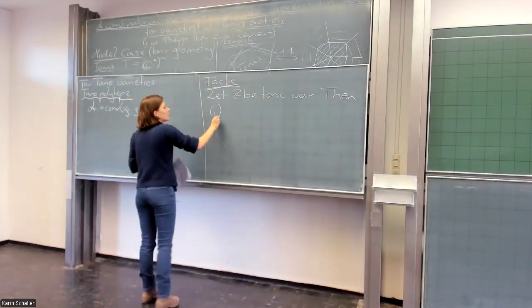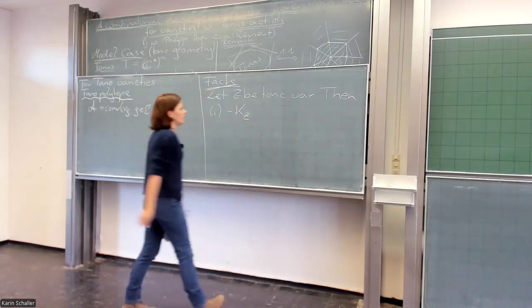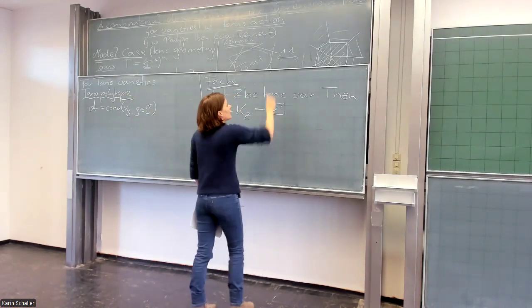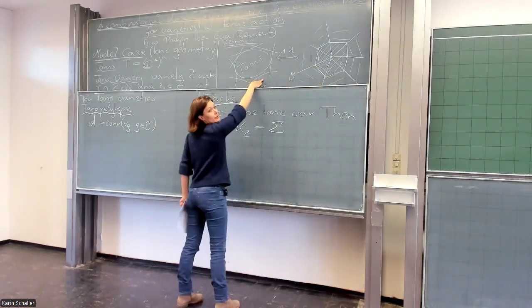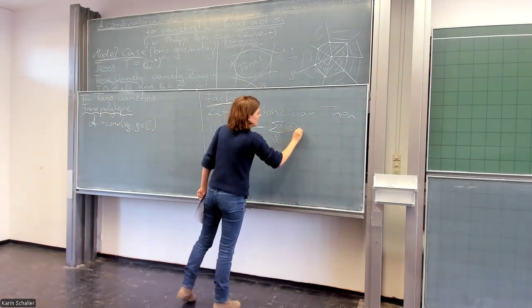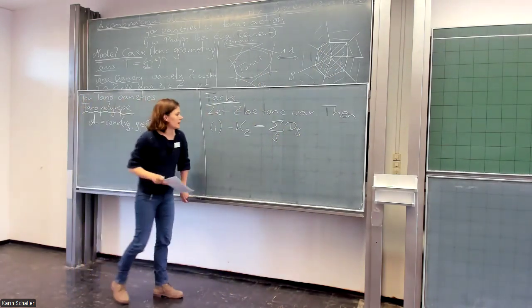First, if I want a representative of the anticanonical class, then I can just take all rays in my picture and look at the corresponding T-invariant divisors and sum them up. So this is a representative of the anticanonical class.